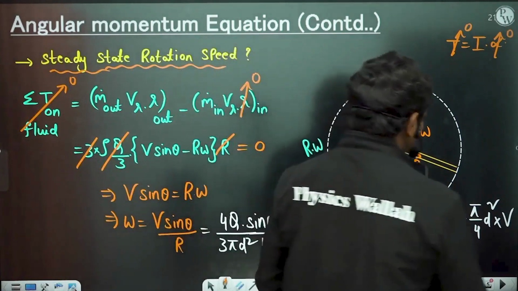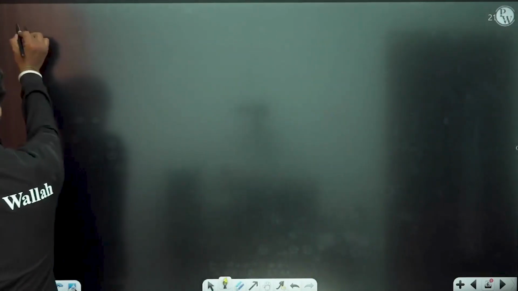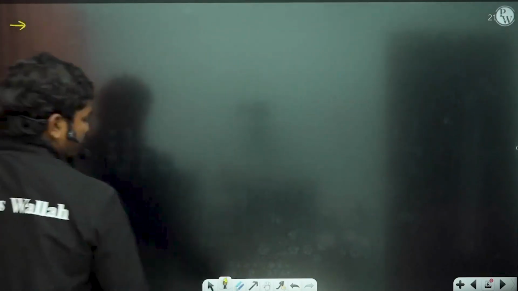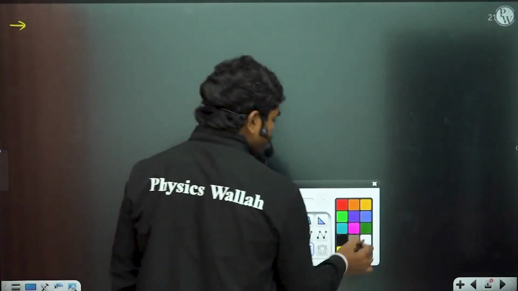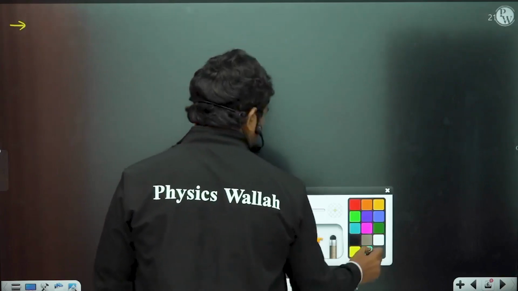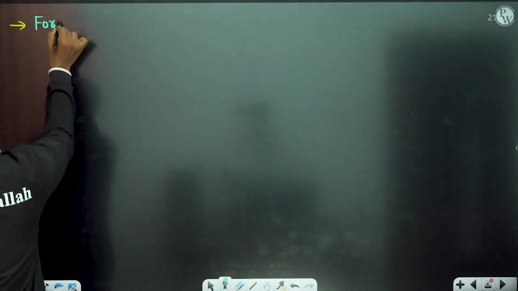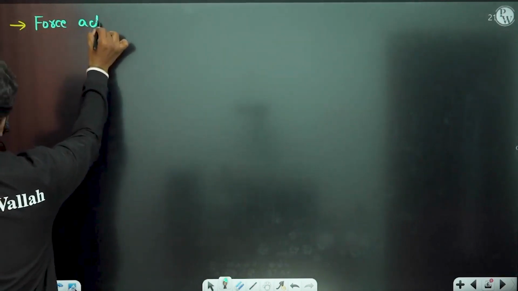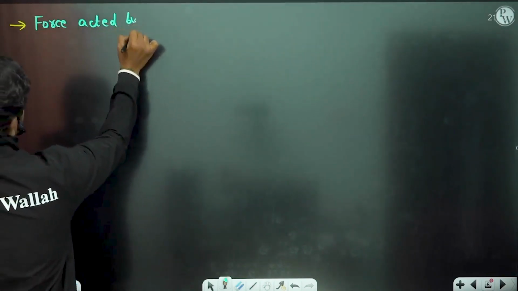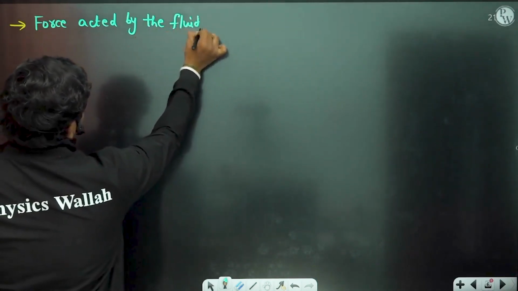Now let us see one more case of these pipes, because I thought of giving you this also. So see here. Let us suppose you have a pipe. Okay, so you have some pipe bend. Force acted by the fluid on a pipe bend.